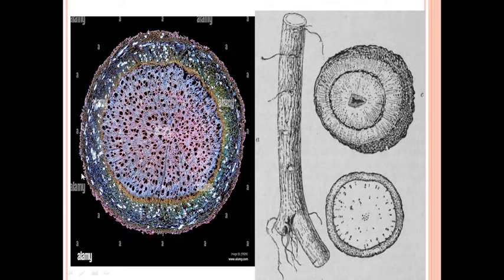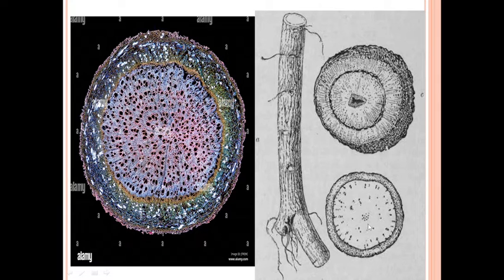Transverse section of bark or root is non-fibrous, and it does not show radiate appearance. Here this one is the transverse section of rhizome, and this one is the transverse section of root.